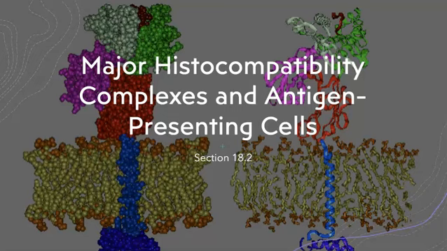And it's presenting these to many of our immune cells. And they're going to play an important role in presenting any foreign antigens if we have a pathogen within our body, which can then help to activate our T cells.